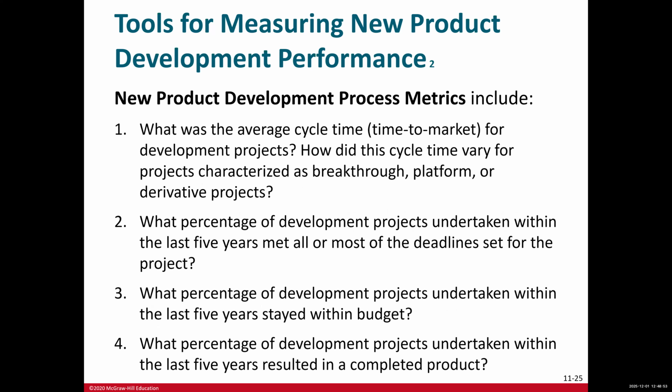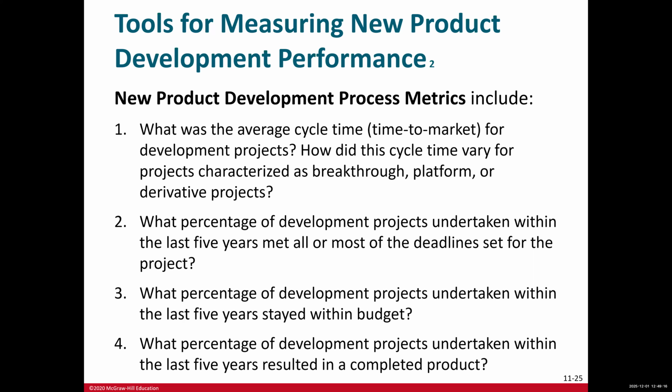Every new product development process has a matrix that includes these elements or features, as you can see. We want to see what the average cycle time to market is for a development project, and how it varies for different projects.